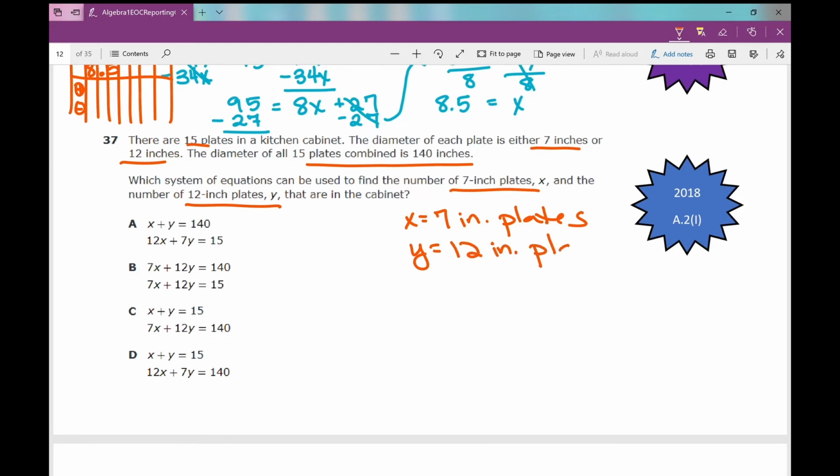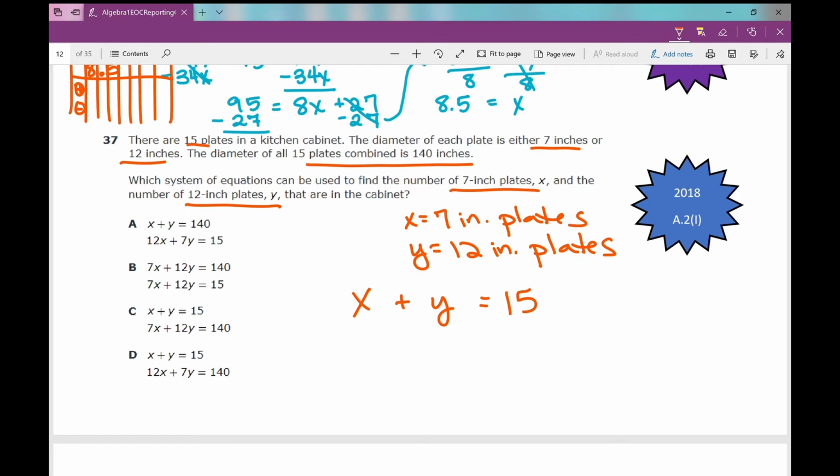So obviously in a word problem, I need to just identify my variables and write my labels. Always, always, always. What are we talking about here? Okay, so let's come up with the first equation. How many plates are there in all? 15 plates. So the number of 7-inch plates plus the number of 12-inch plates should equal 15 total.